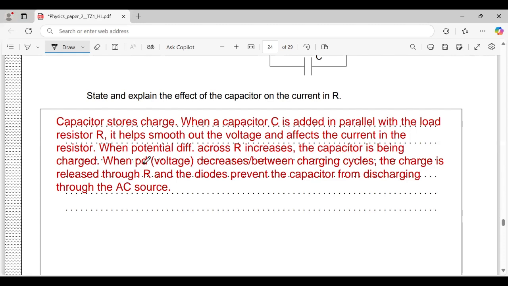When potential difference, or voltage, decreases between charging cycles, the charge is released through R and the diodes prevent the capacitor from discharging through the AC source. AC is the alternating current source, the electricity source.